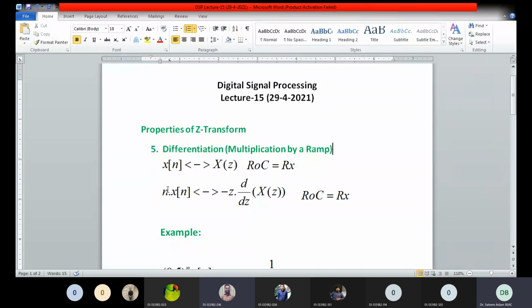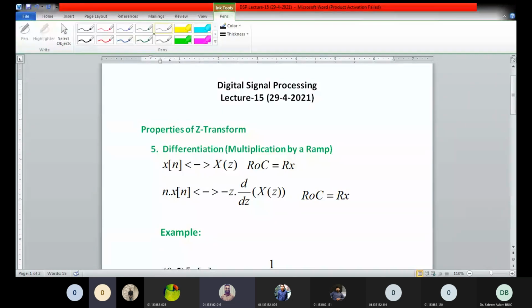Sir, a continuously increasing function with the passage of time or n. Okay, agree. Can you represent a ramp function mathematically? Sir, we can represent it as n. But y is equal to n or y is equal to x.